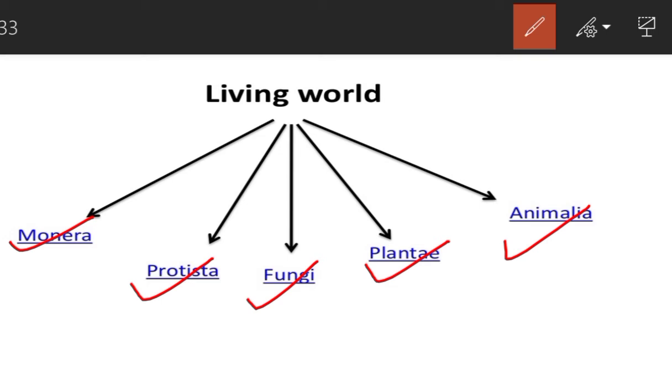It mainly used basic principles of the five kingdom system but divides Monera into two domains, archaebacteria and eubacteria, and other eukaryotes in the third kingdom.